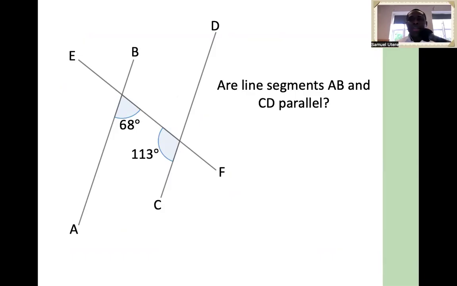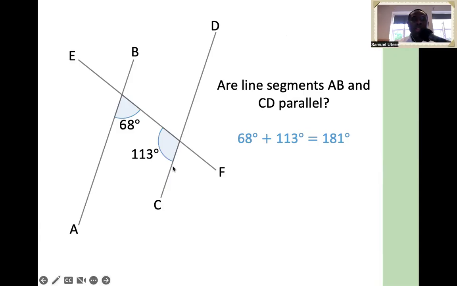Are line segments AB and CD parallel? Have a think. How would you prove whether they are parallel or not? Well, remember what we've learned so far, that if they are parallel, then the co-interior angles must sum to 180 degrees.